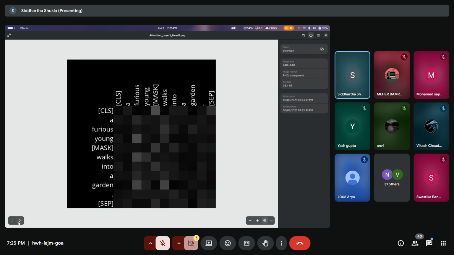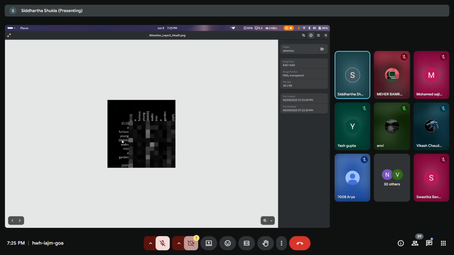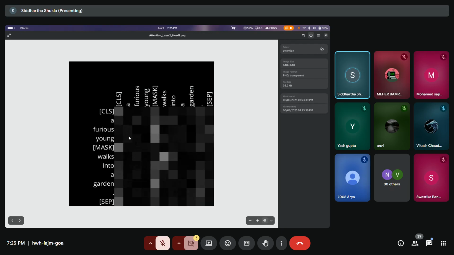Okay, so we have here a furious young mask walks into a garden. Right now, the attention visualization is very noisy for this one. We have a lot of these blocks, and it's very noisy. But as you will see now, as we go into the higher layers, the model is slowly learning what could be the possible values for mask.